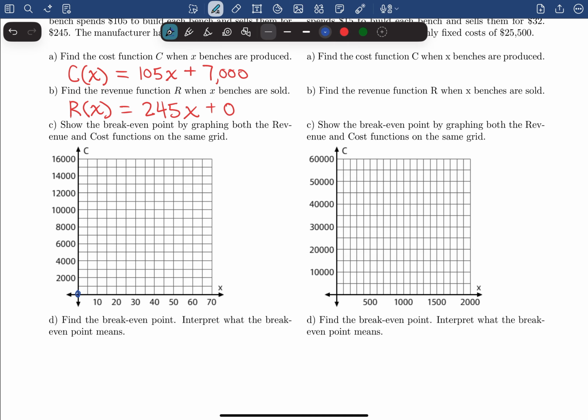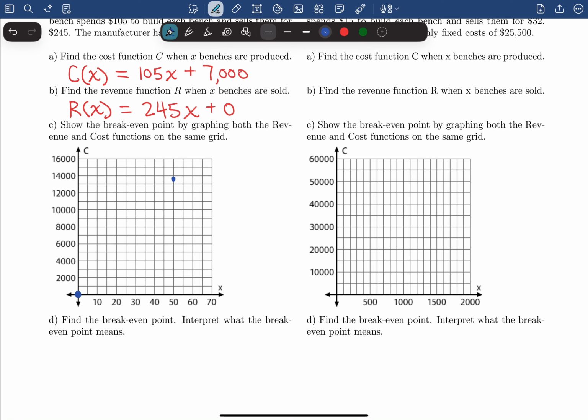So my R of x function has a y-intercept of 0, so I go to 0 on the y-axis. And now my slope is 245 times x. Okay, so I'm going to have a rise of 245 for every run of 1 unit produced. So looking at this, I happen to have the point (50, 12,250) as one of the options.